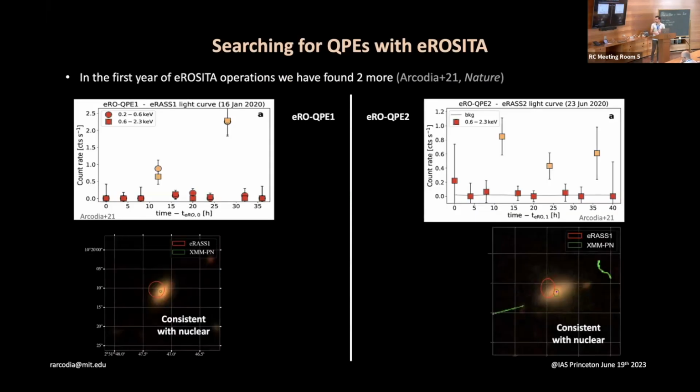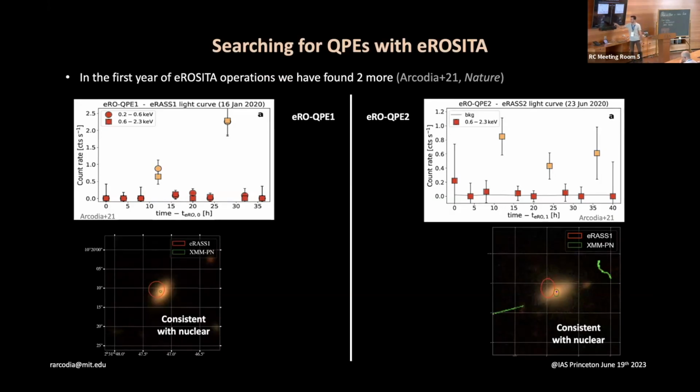We found 2 more QPEs, and they look like this in the eROSITA data stream: non-detection, non-detection, non-detection, bright detection, and so on, with at least 2 bright states to identify it as a source varying with some sort of recurrence.